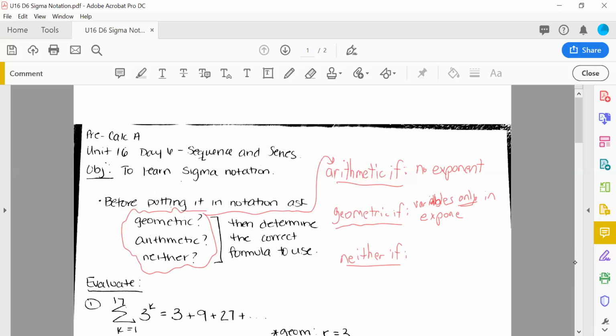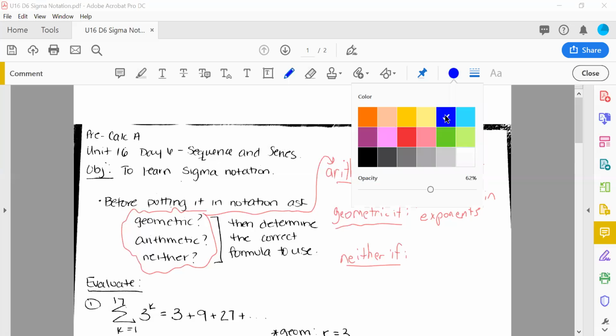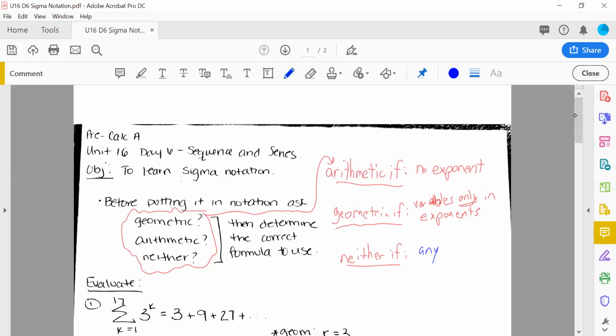Slight distinction, but I'll show you in just a second. It's neither if it's anything else. You got anything else, if you see numerical exponents, or maybe if the lead term has a variable as well. All right, I'm just going to write anything else.